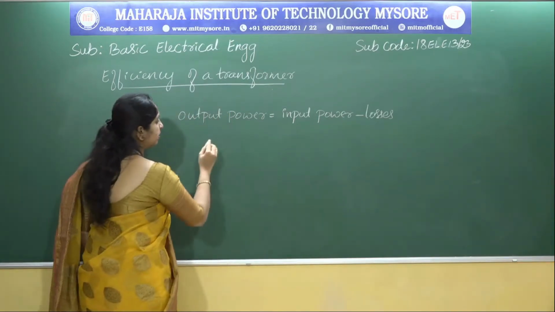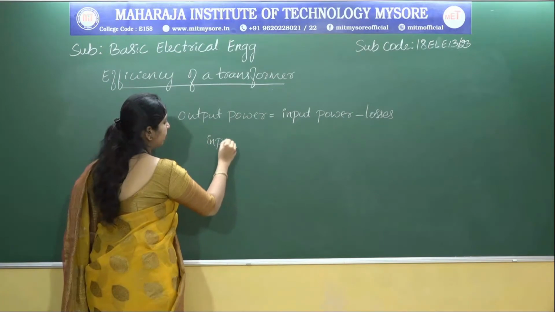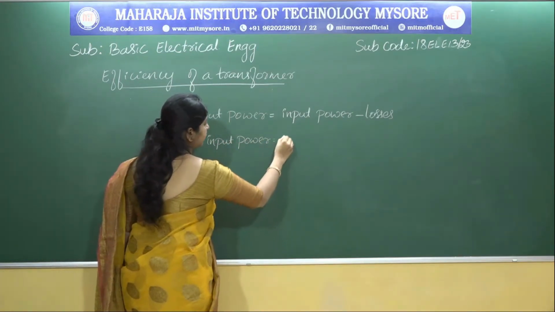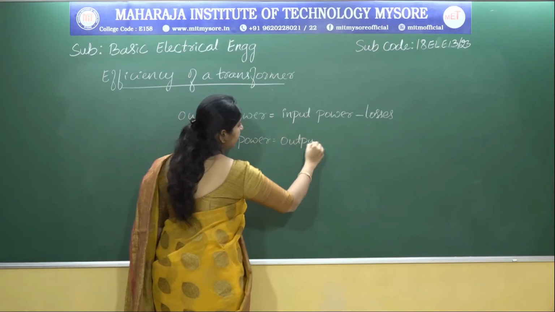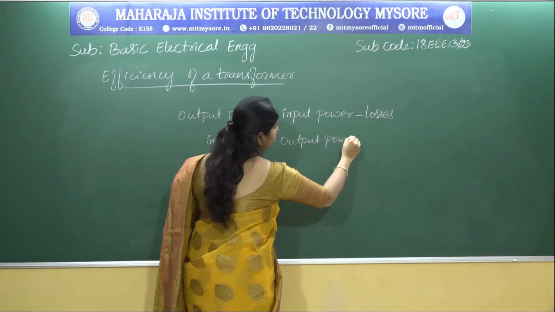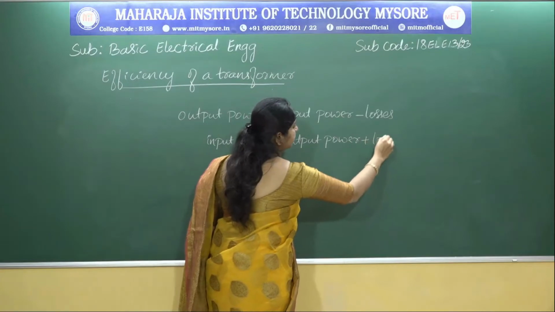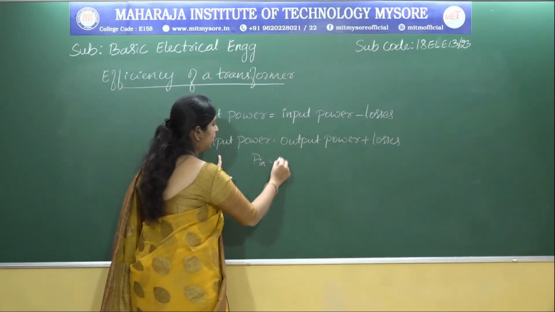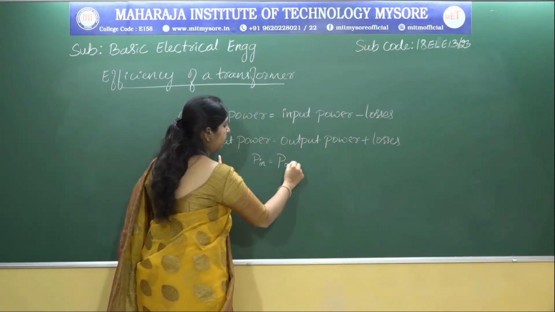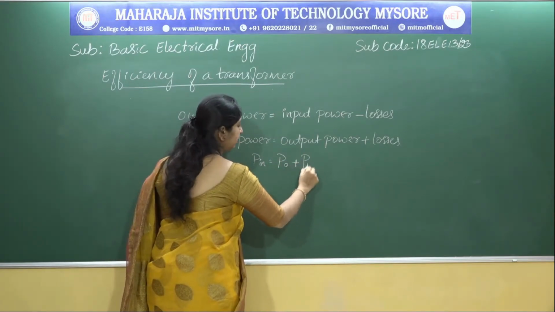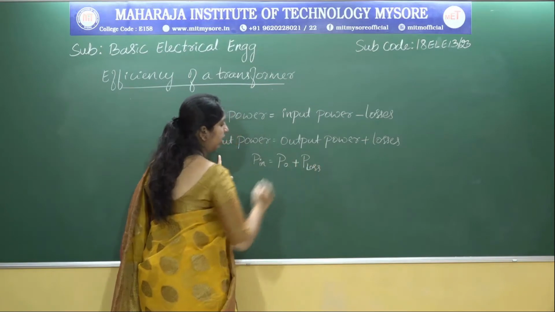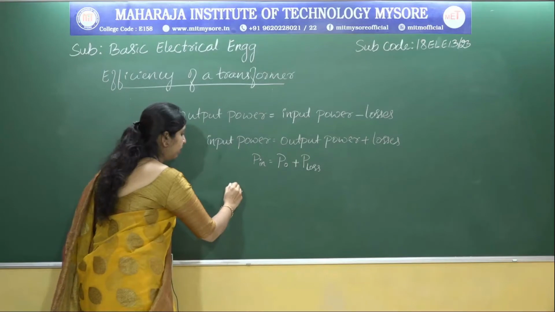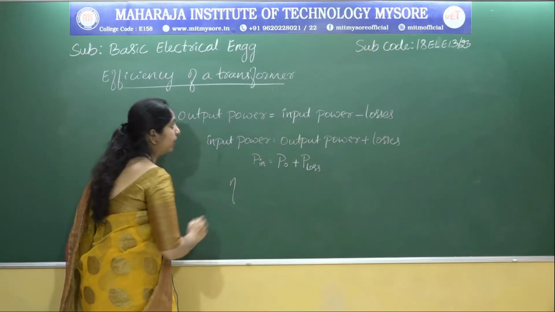So how do we express input power? Input power can be expressed as output power plus losses, or I just represent it as P in equals P out plus P loss. Now how do we define the efficiency of any system? Efficiency is always denoted by eta.